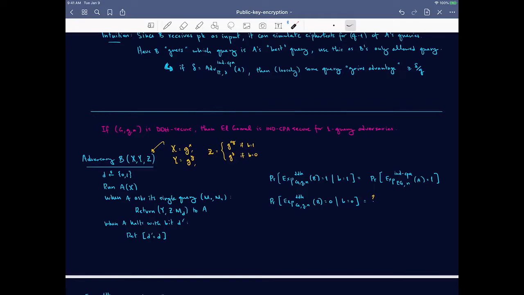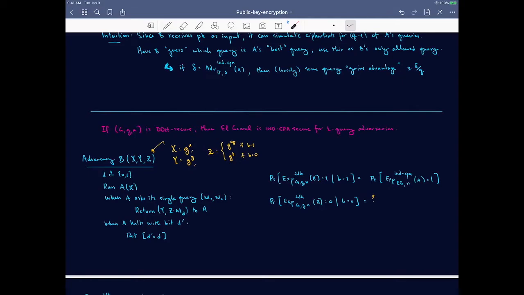If the challenge bit in the DDH experiment is 1, then Z is g to the xy. If the challenge bit is instead 0, then Z is g to the little z for a random exponent z. And you'll recall that the adversary's job, B's job, is to guess whether or not the capital Z that it has received is g to the xy or g to the z for a random z.